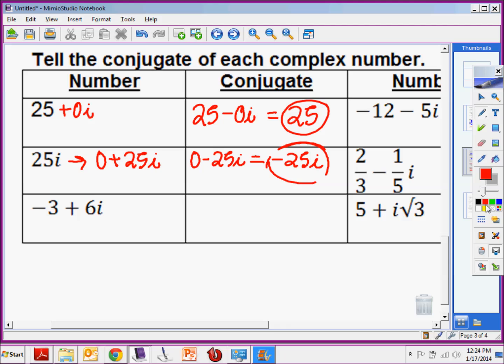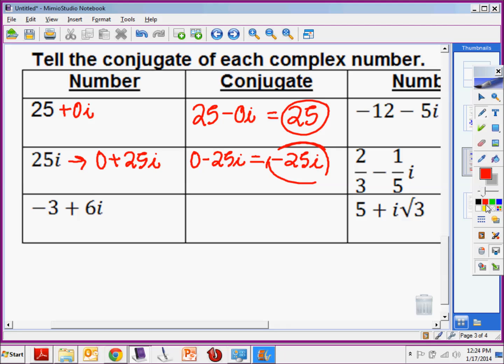All right, Noe. What's my conjugate for negative 3 plus 6i? Mark, help Noe. What's my conjugate? All right, Trevor. What's my conjugate? Negative 6i. Okay, so you did know.